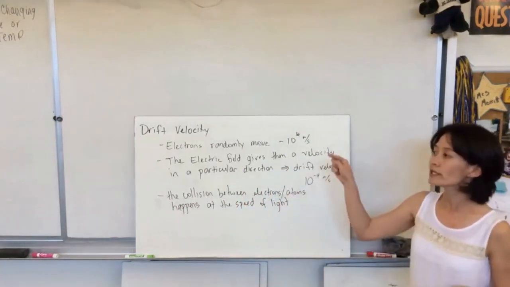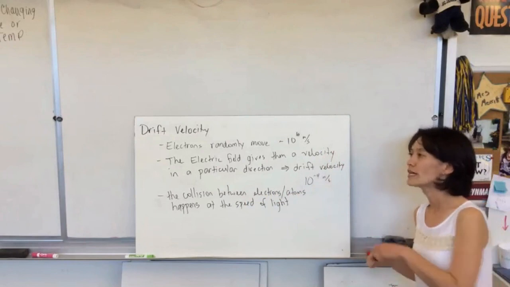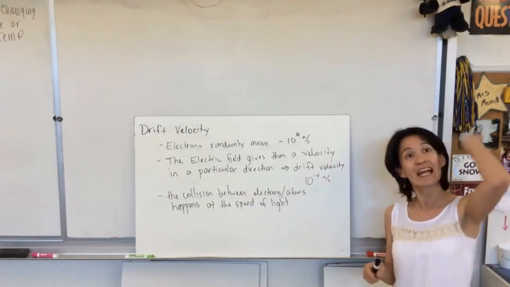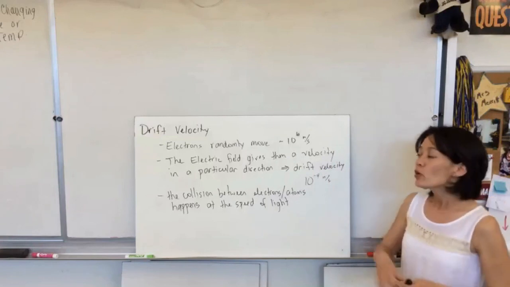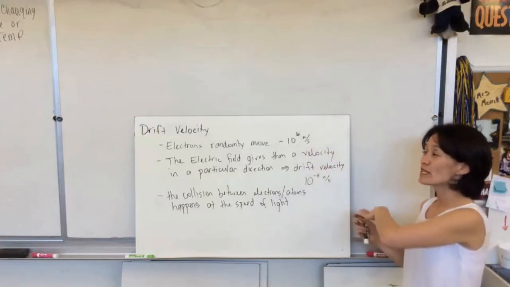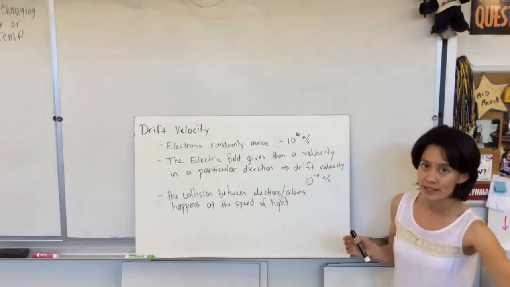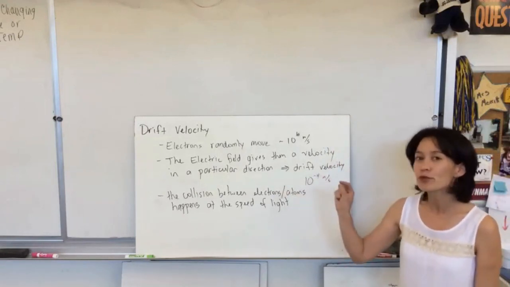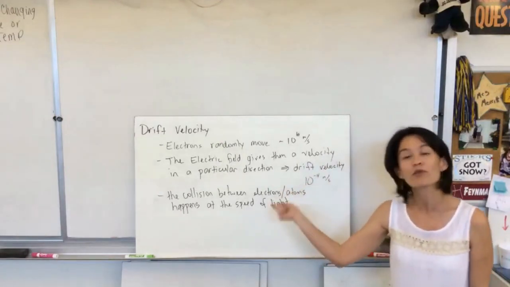So when you turn on the light switch, it's not that you've knocked one electron and that one electron is moving through all of the wires and then igniting these fluorescent tubes. When you turn the switch on, it's basically causing that collision to happen at the speed of light. Okay? That one little electron that you initially hit, it moved a teensy bit forward, but it didn't move all the way through your wires.